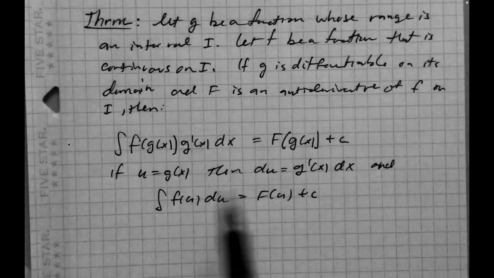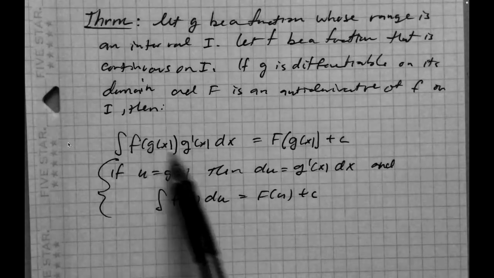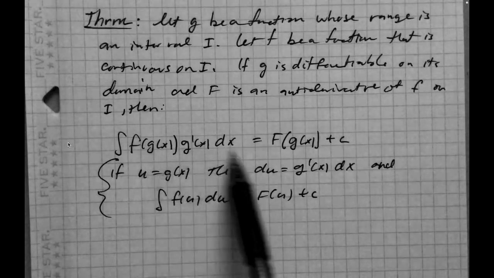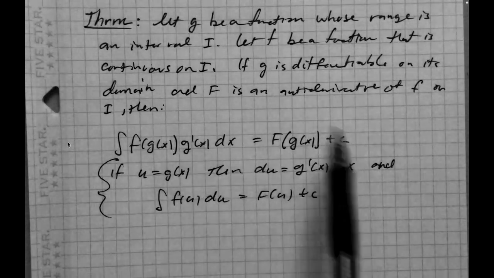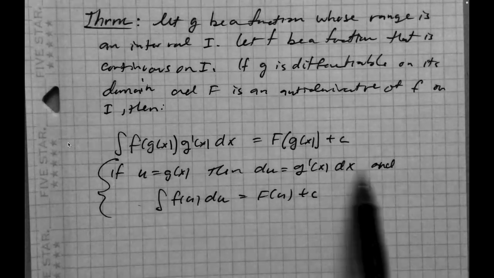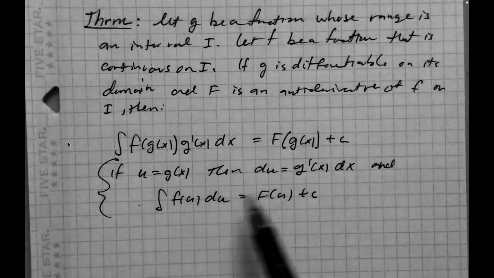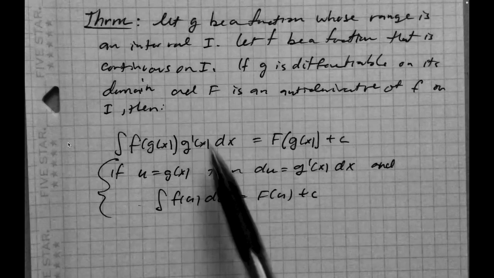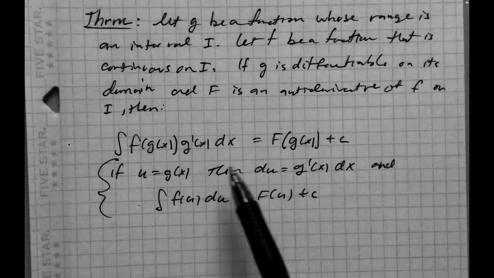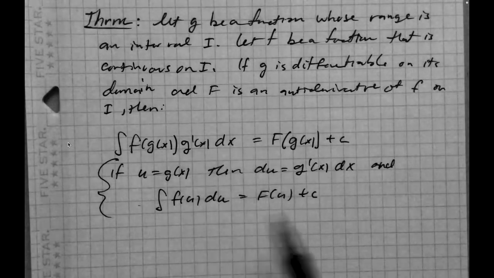Okay, so kind of two ways to think about it. This is the explicit chain rule way of thinking about it, which is fine, we'll start with that, and then this is the explicit substitution way of thinking about it. They're equivalent, right? But we'll look into it in a second here.